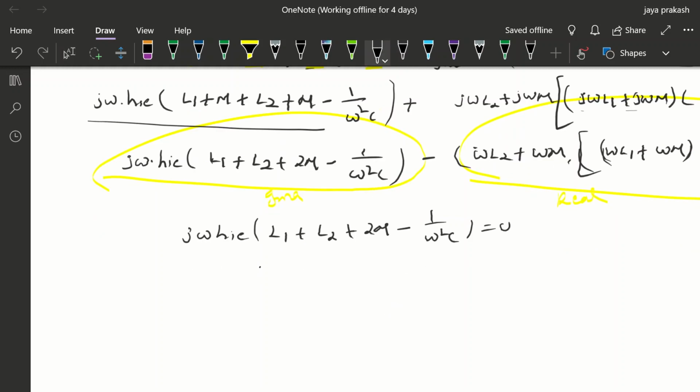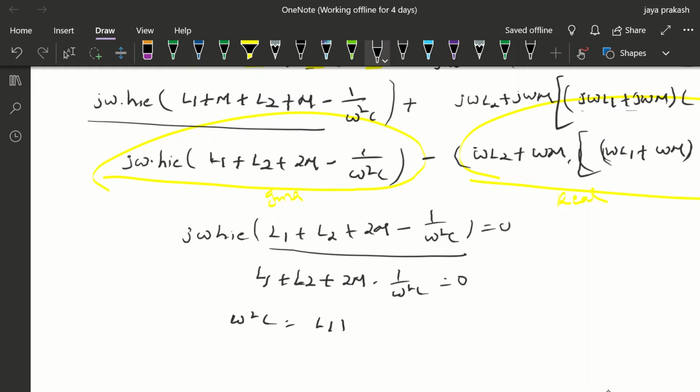So from this one, this term can't be 0. So the only term that can be 0 is this term. So L1 plus L2 plus 2m minus omega square c is equal to 0. Means omega square c is equal to L1 plus L2 plus 2m.